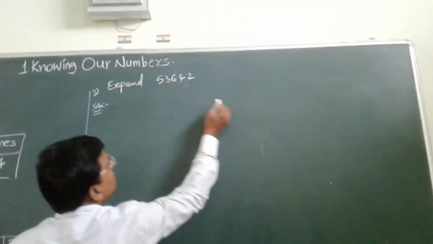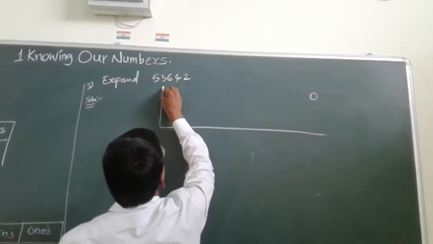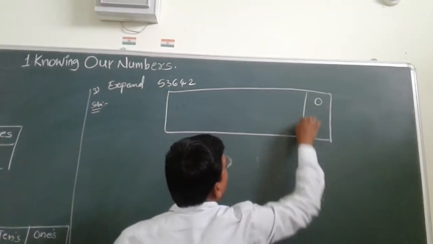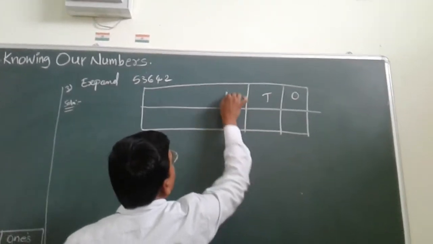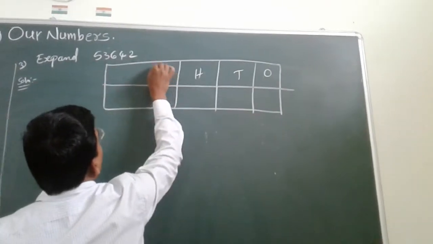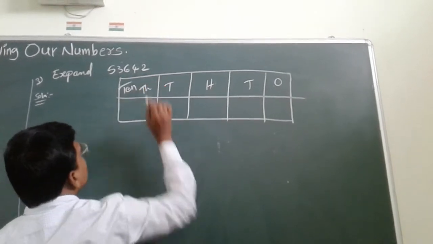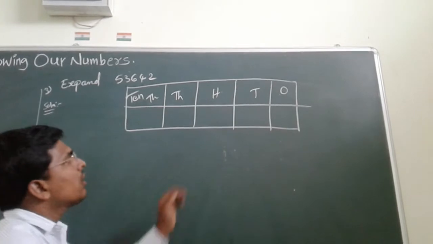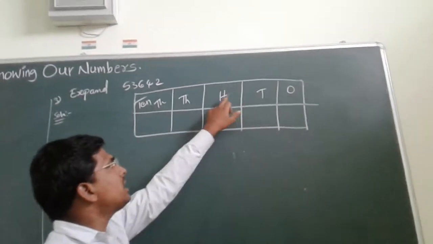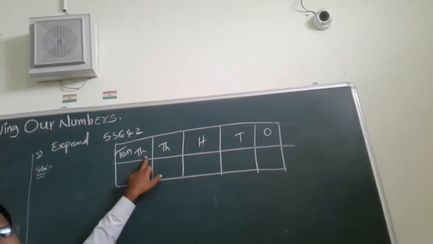First write the box: ones, tens, hundreds, thousands and ten-thousands.